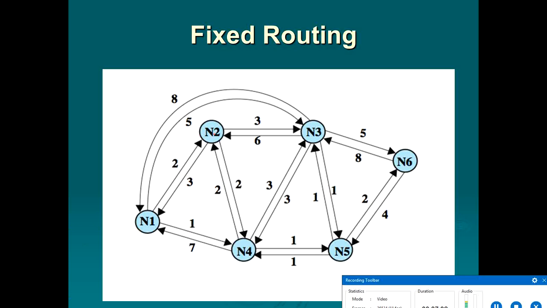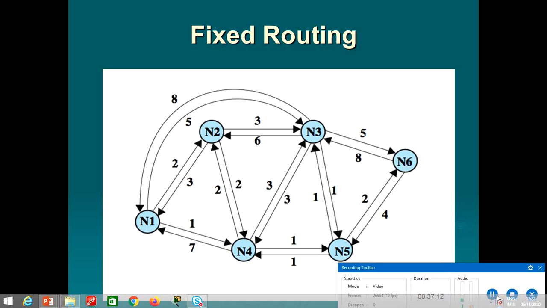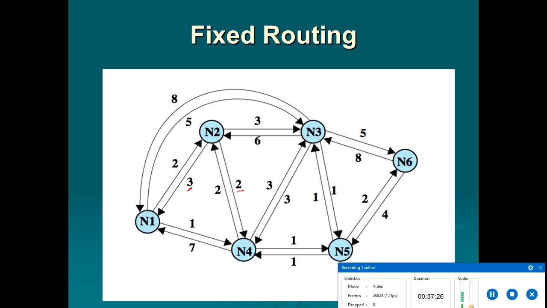If I want to go to N1, either I can go from N2 to N1, which has a cost of 3, or I can go from N2 to N4, which has a cost of 2.